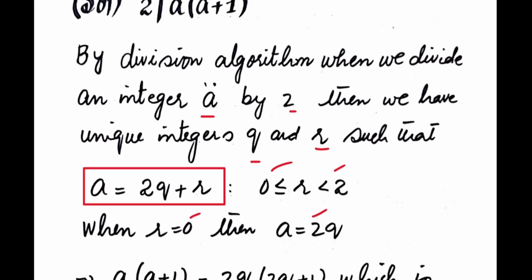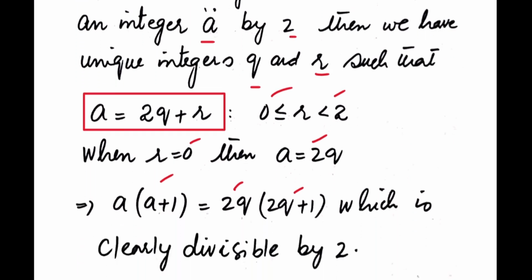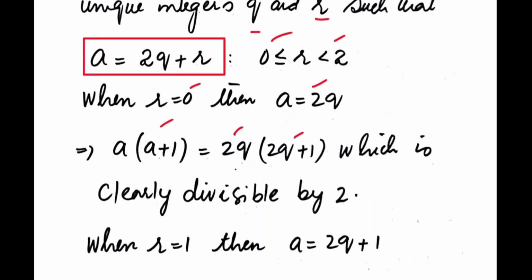Substitute this value of a is equal to 2q in this product, a into a plus 1, we have 2q into 2q plus 1, which is clearly an even integer, or it is divisible by 2, because this is the product of two integers. One is 2q, that is even, and another is 2q plus 1, that is odd. So the final product is an even integer, so clearly it is divisible by 2.